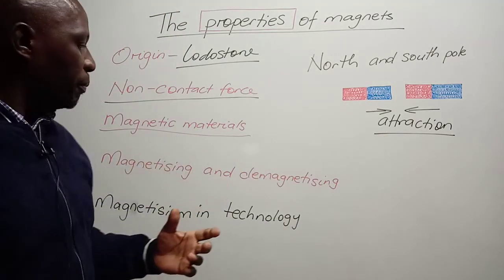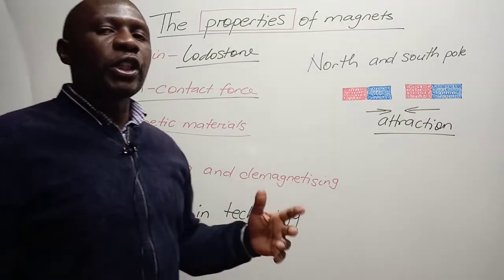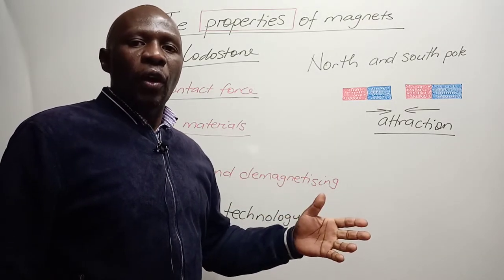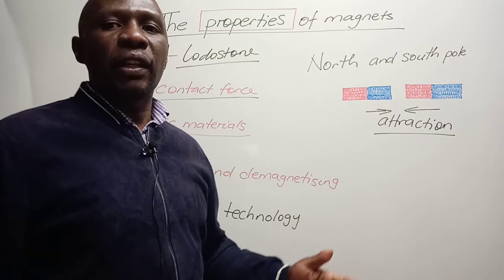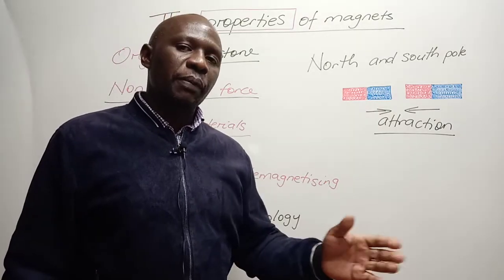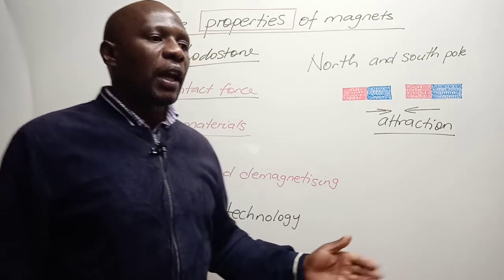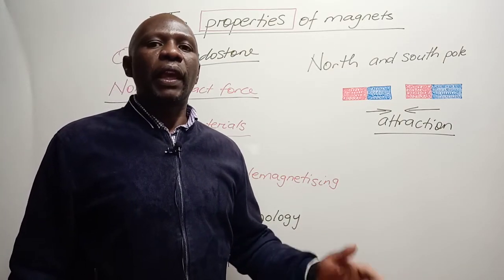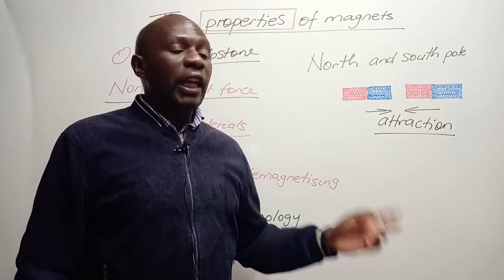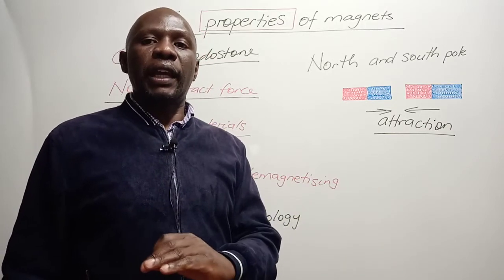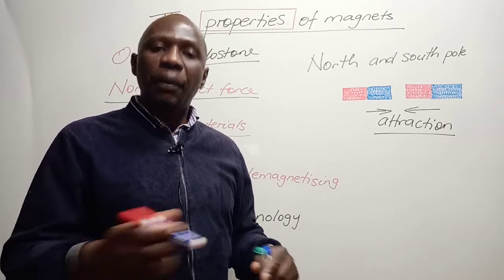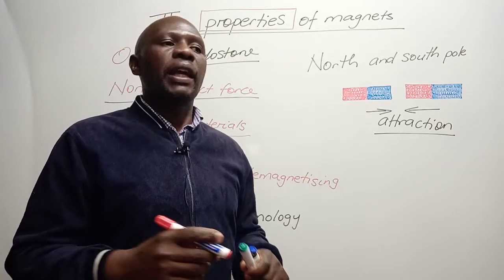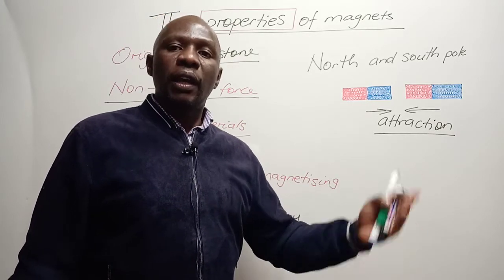But there are some materials which continue to be magnetized even if they are removed from the magnet itself. Most alloys will continue, like steel. It actually becomes a magnet as long as it has come into contact with the magnet. It will continue with the magnetism.